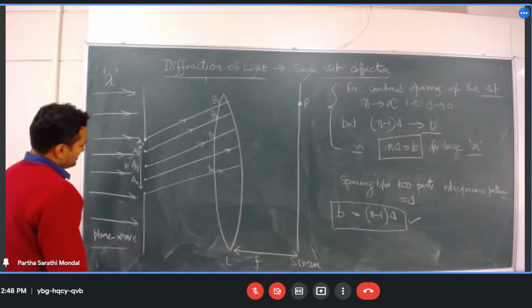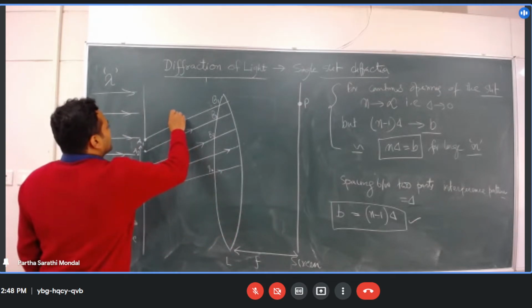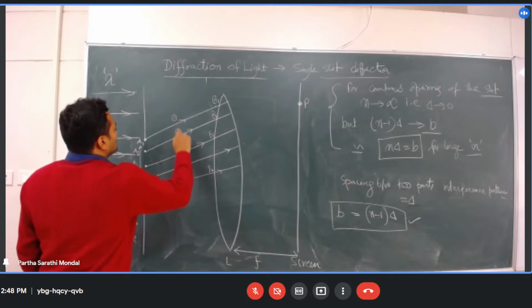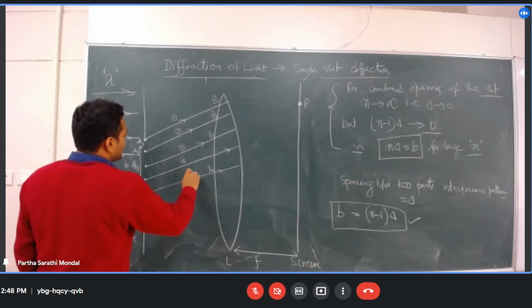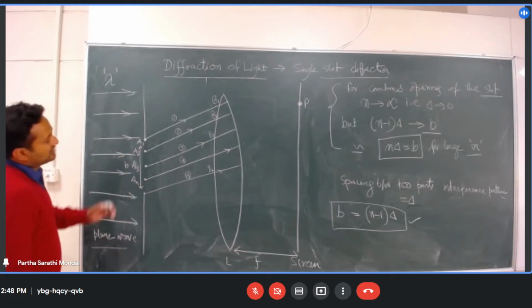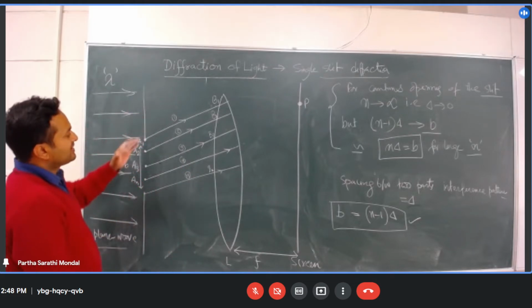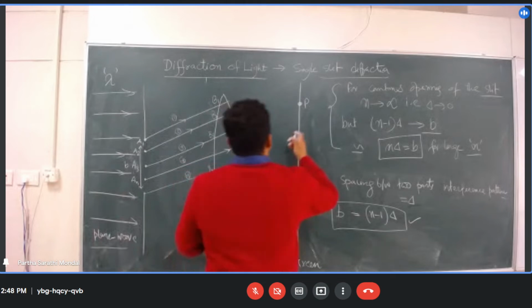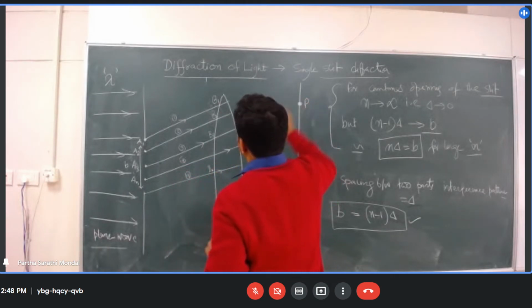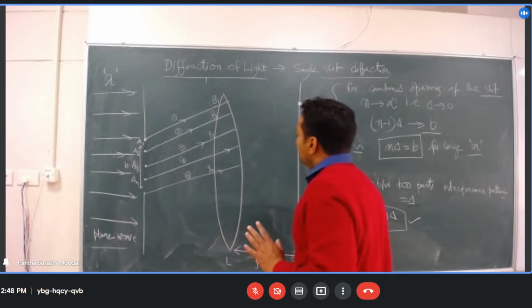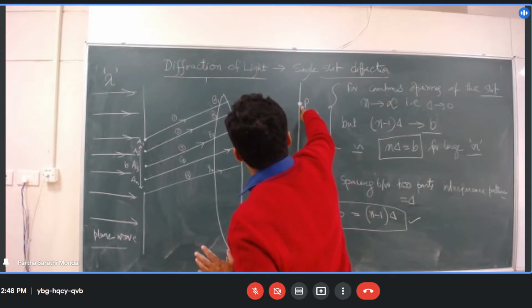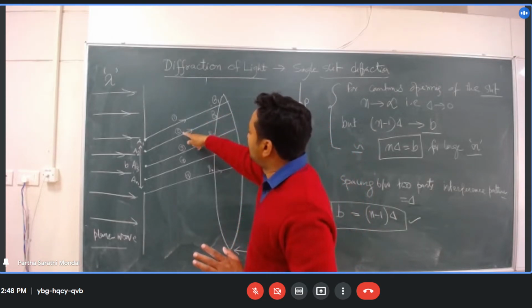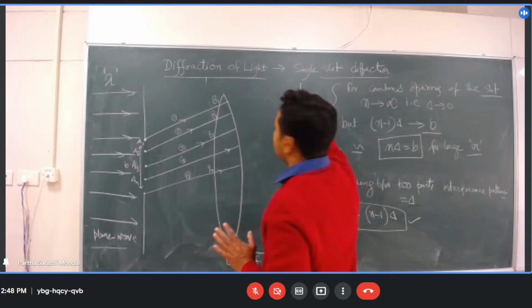That means this is ray number 1, 2, 3, 4, dot dot dot, let's say this is n. So this n number of rays will interfere with each other and produce an interference pattern on the screen. For a particular point, let's say P, we'll find out the superposition of all these n number of rays.